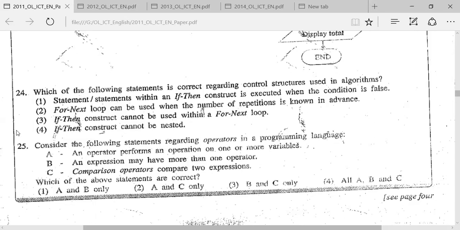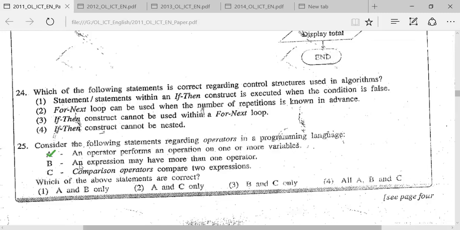A: an operator performs an operation on one or more variables. Yes, so it is true.